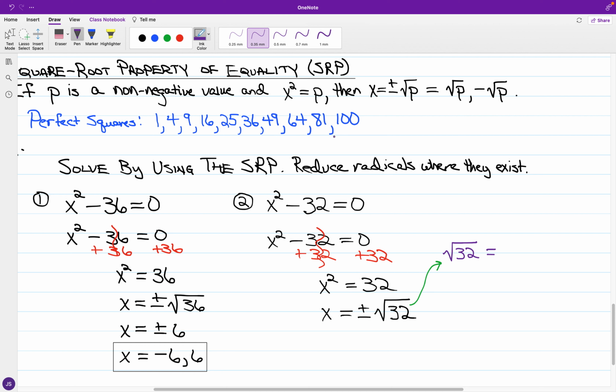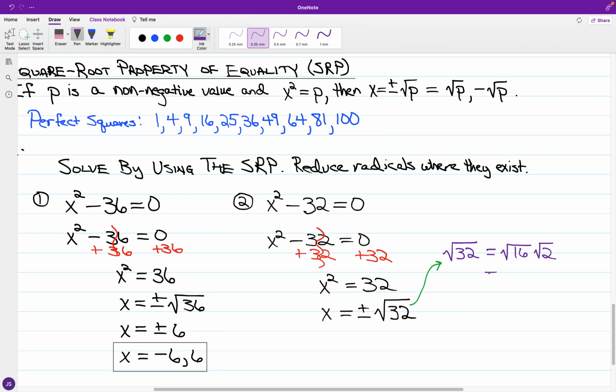if you look at your perfect squares, you have 4 will go into 32, 9 will not, 16 will go into 32 2 times, 25 will not, and 36 we've already gone over. So between 4 and 16, we'll go with the higher perfect square factor of 32. So that's going to be 16, and 16 will go into 32 2 times.